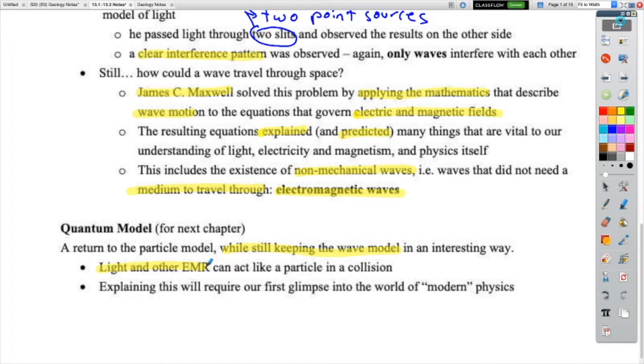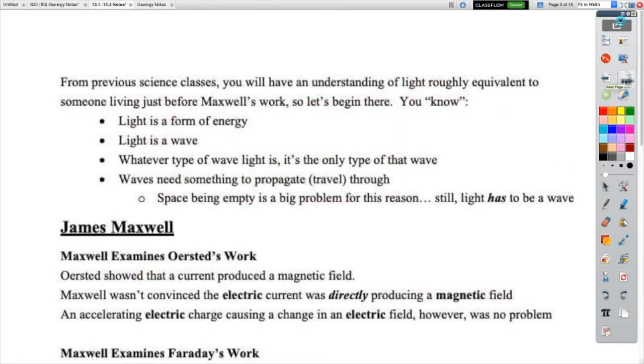So to explain this, when we get there, which we're not doing this chapter, it's actually going to require our first glimpse into the world of what we call modern physics. Everything you have learned so far is classical physics. So we're dipping our toe into modern physics to understand even the basics of how we currently understand light. Okay, so there's the brief overview of the entire history.